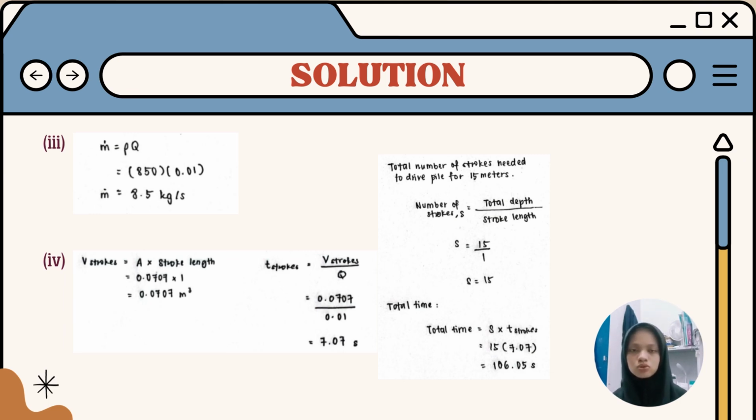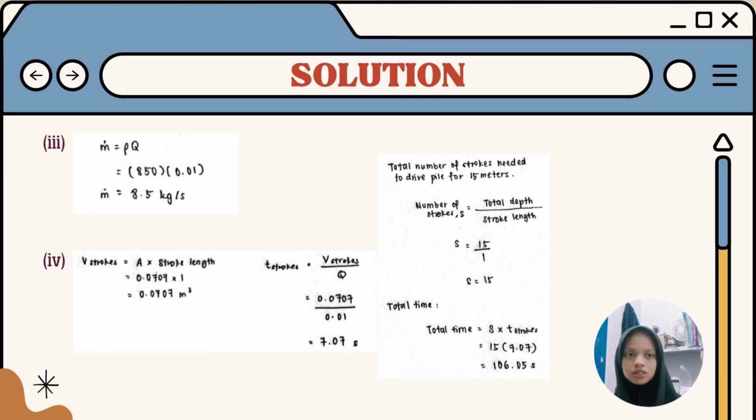So next we need to calculate the volume per stroke first, and then the time per stroke, and finally the total number of strokes needed to drive a pile for 15 meters. For the volume per stroke, we use the formula V equals A times stroke length. The number of strokes S equals 15 over 1, and we get S is 15.